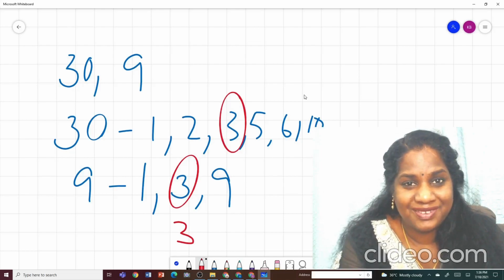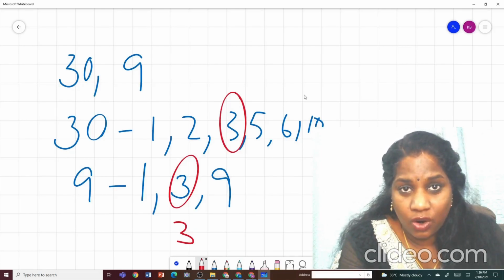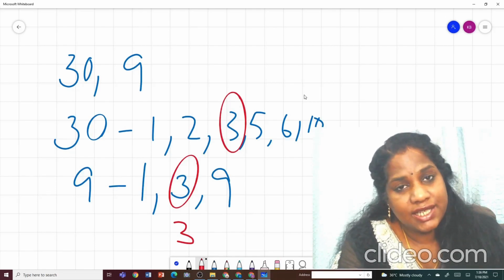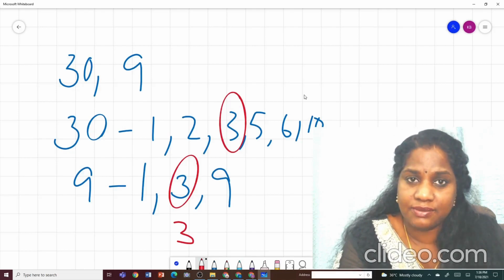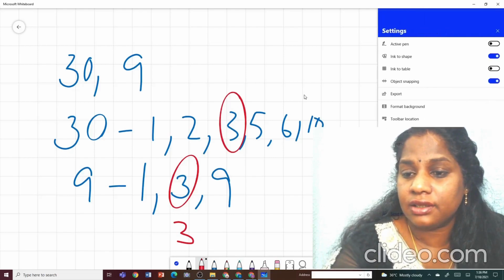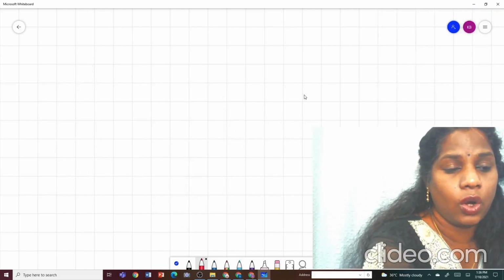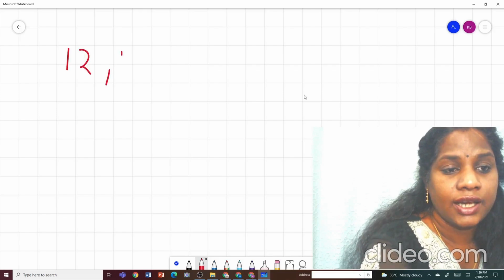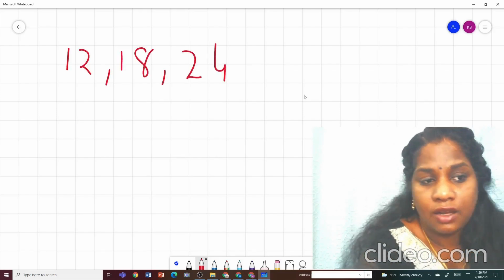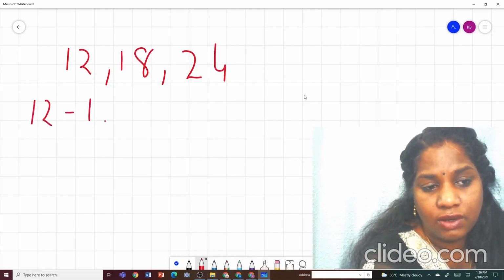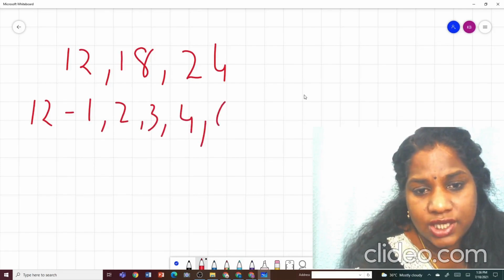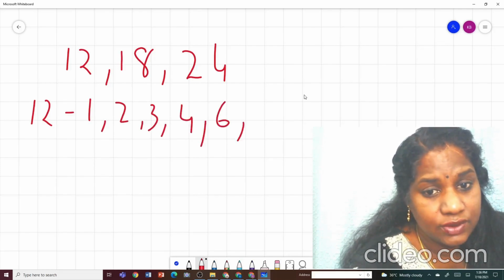Easy? You don't have to get confused at all, because when we say LCM, multiples come there, and when we say HCF, factors come there. Right? So let us find the HCF of 12, 18 and 24. What are the factors of 12? 1 is there, 2 is there, 3 is there, 4 is there, 5 no, 6 yes, 7, 8, 9, 10, 11 no, 12.